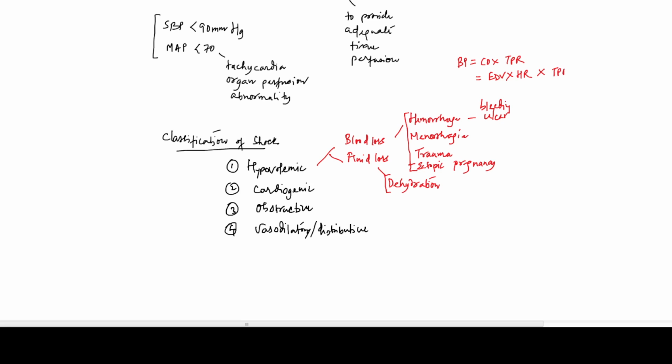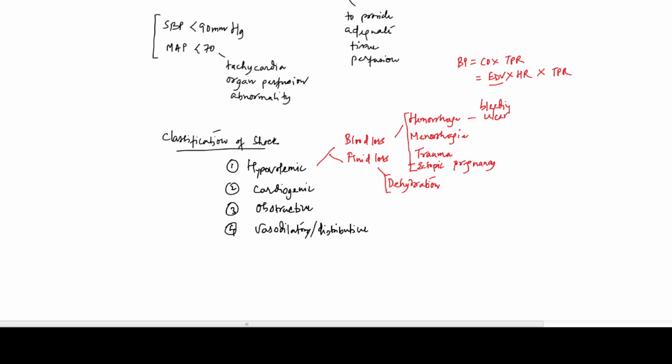So if the end diastolic volume is reduced, which happens in these conditions, then definitely the blood pressure would decrease, and it is evident that the cardiac output would reduce as well. Okay, and that could lead to hypovolemic shock.